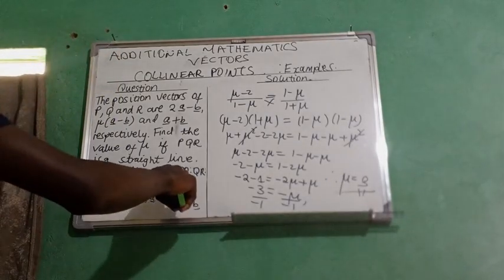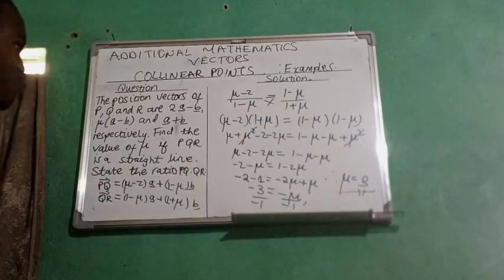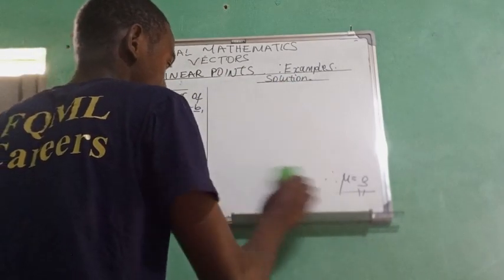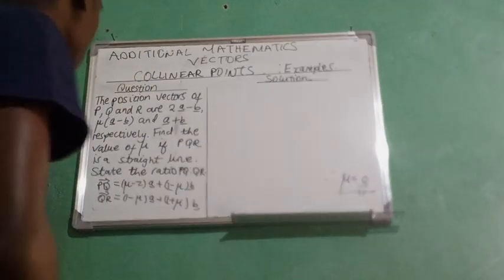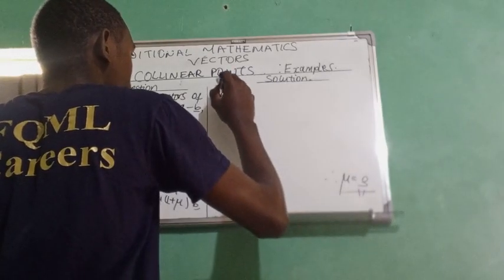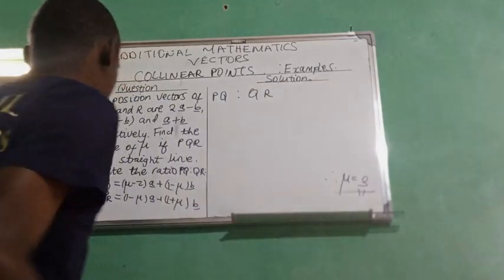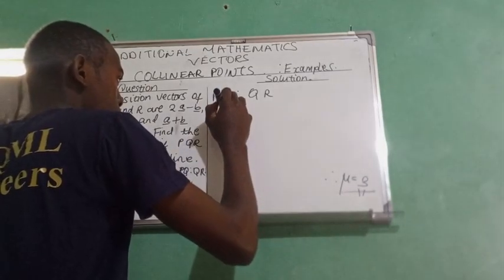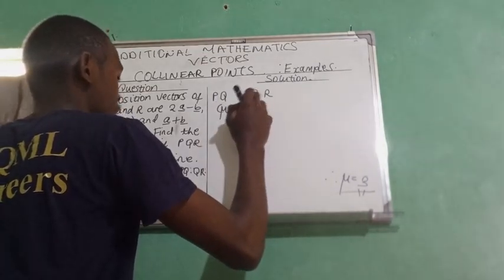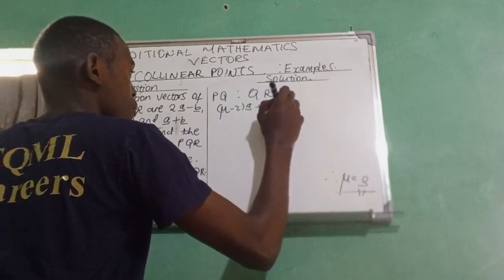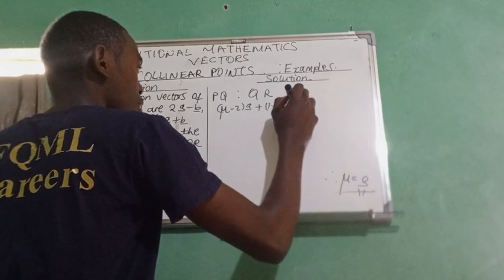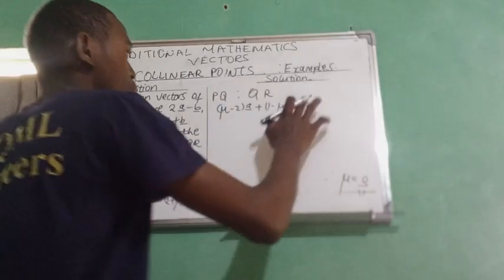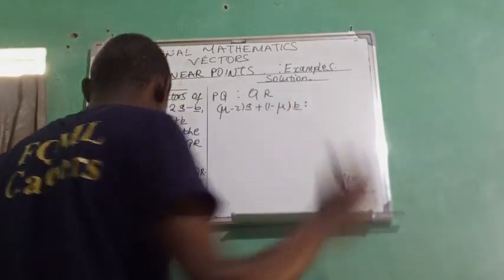And then we state the ratio PQ to QR. So PQ to QR would be, we get our PQ from here, mu minus 2 of vector A plus 1 minus mu of vector B, let's write the symbol for ratio.